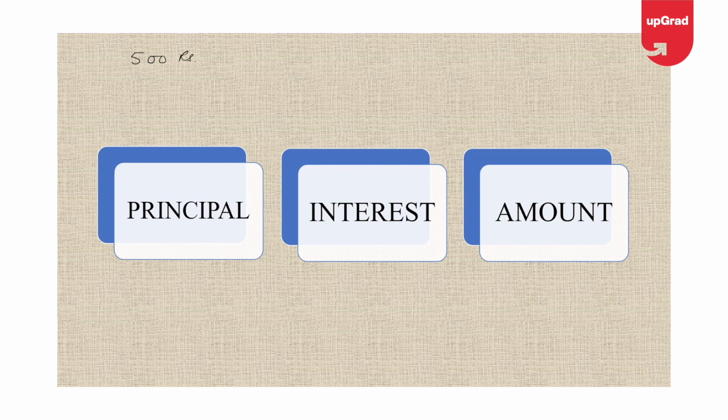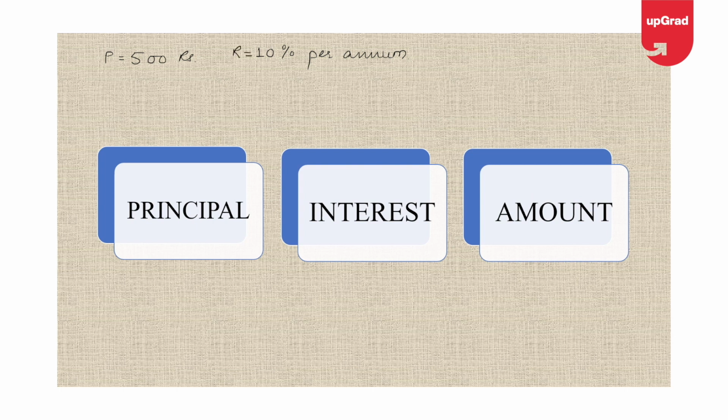Now this 500 rupees is my principal value, the amount that is borrowed. The bank says that we will be charging an interest of, let's say, 10% per annum. Now per annum is nothing but per year, and this 10% becomes my rate of interest.